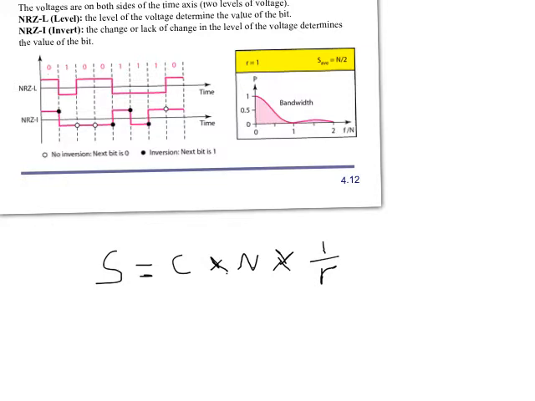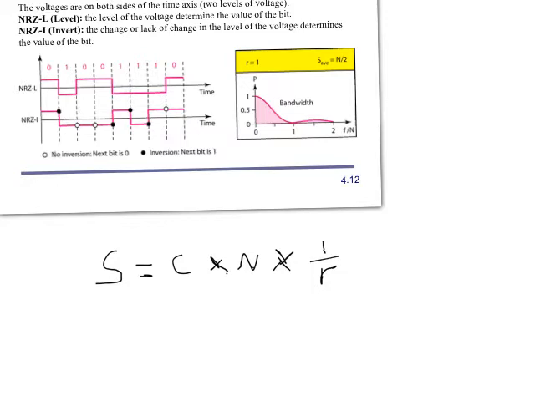Okay. The only difference that the lower scheme tries to do is that it says, instead of mapping one-to-one the bit to a signal level, what I'm going to do is use the bit information to do some kind of polarity change, either to change the signal level or to remain constant.